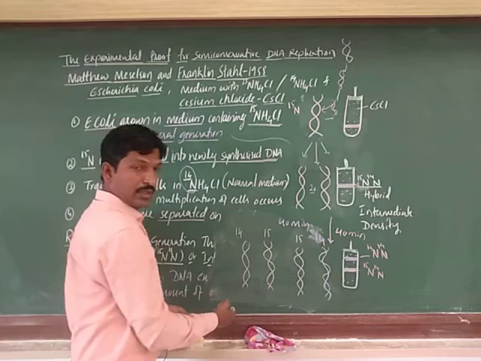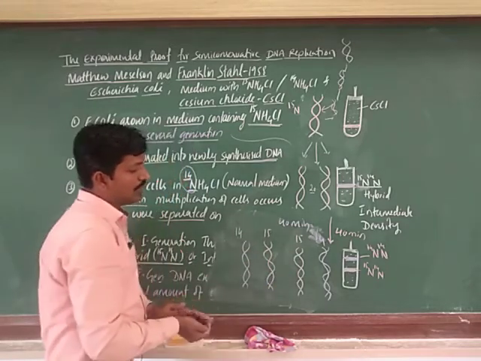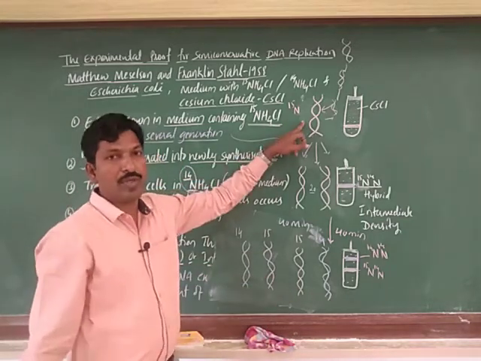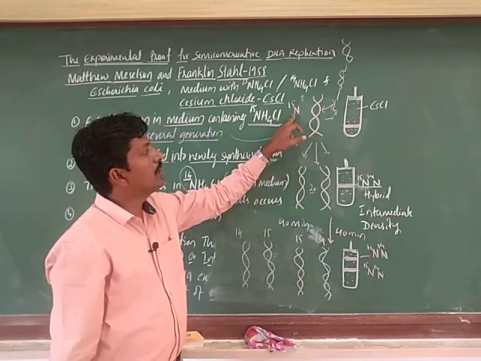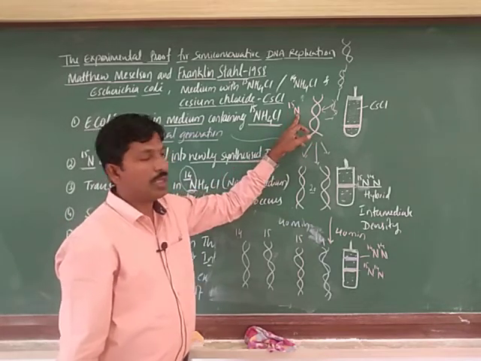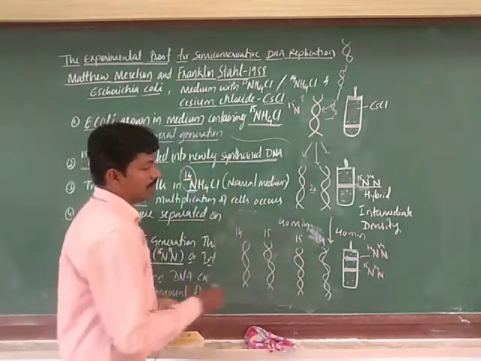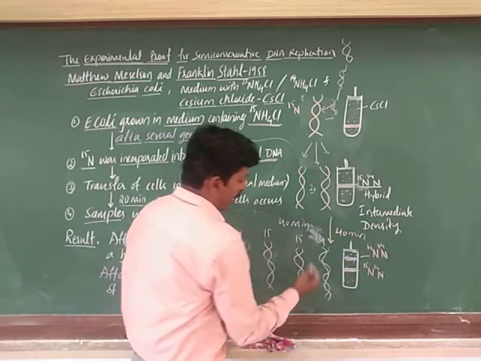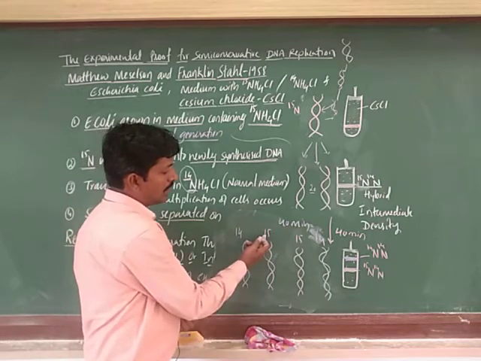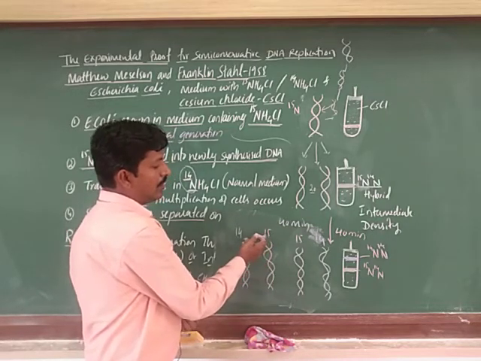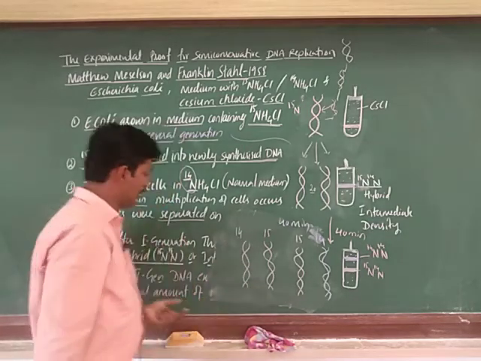So, here 50% and 50%. There is no completely heavy DNA, as we had taken in the first one, where we started with nitrogen 15, the heavy isotope. So by this experiment we conclude that we again observed 50% heavy isotope in the daughter DNA molecules in the second generation.